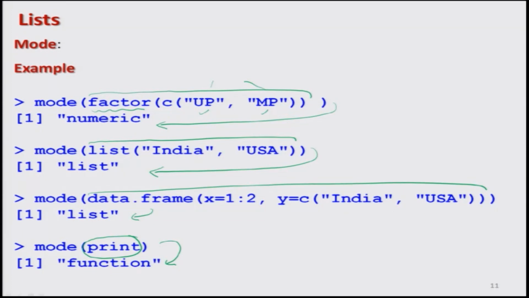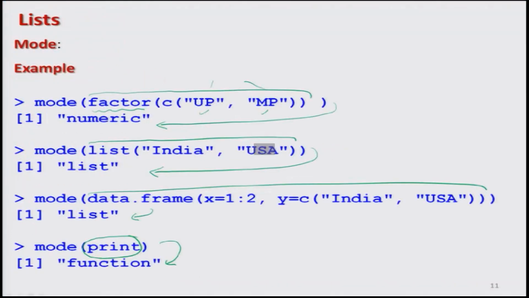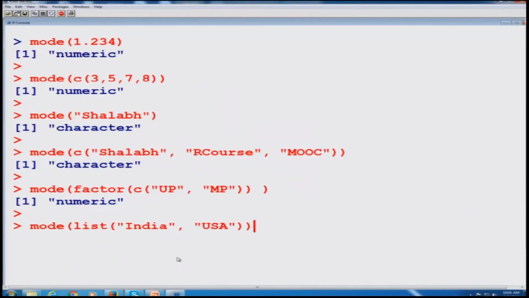Right. So, let us try to do this in the R console and see what happens. For the factor, you can see this is coming out to be numeric. And similarly, if you try to see for the list, this comes out to be a list.